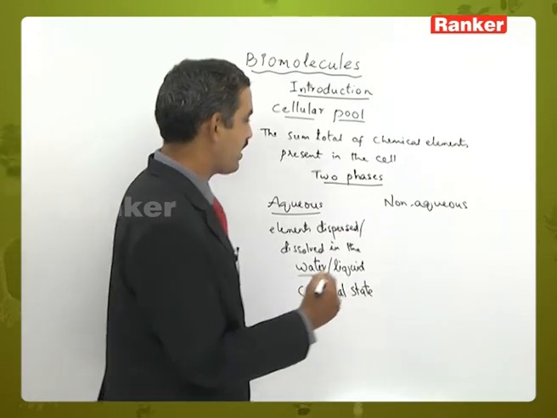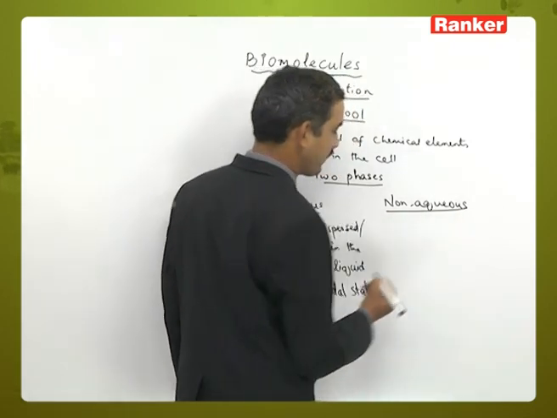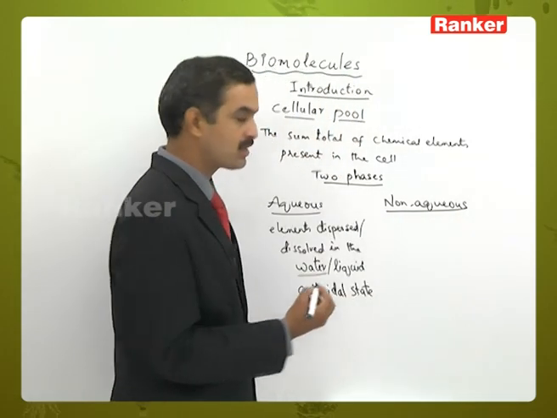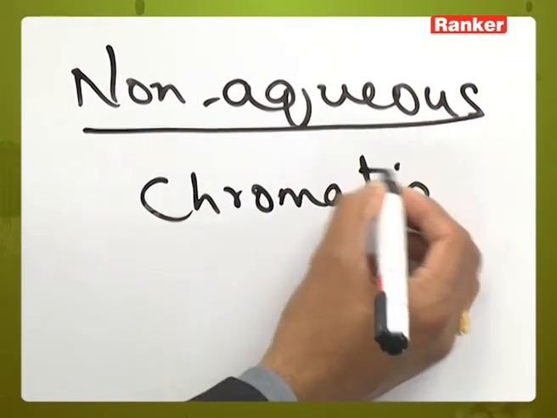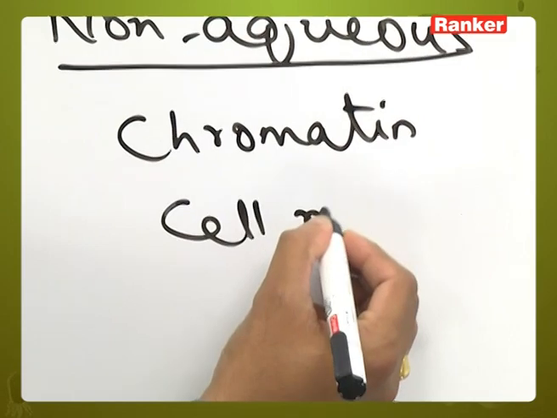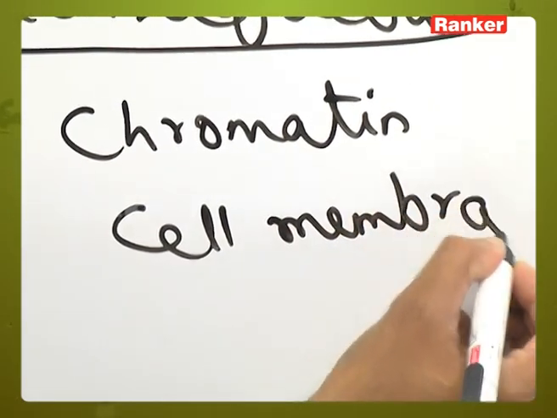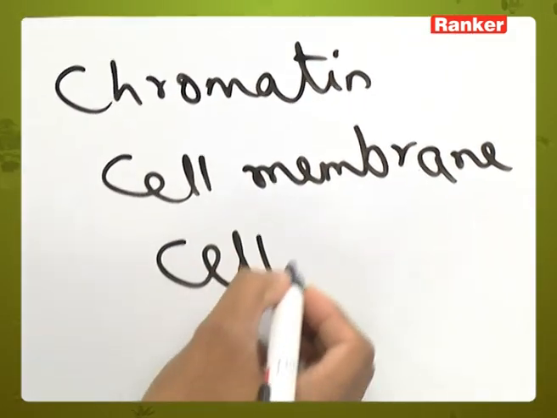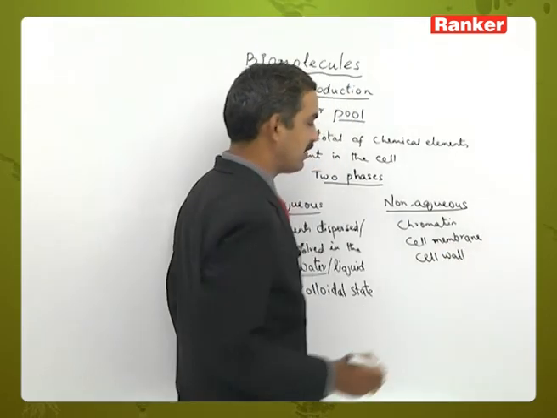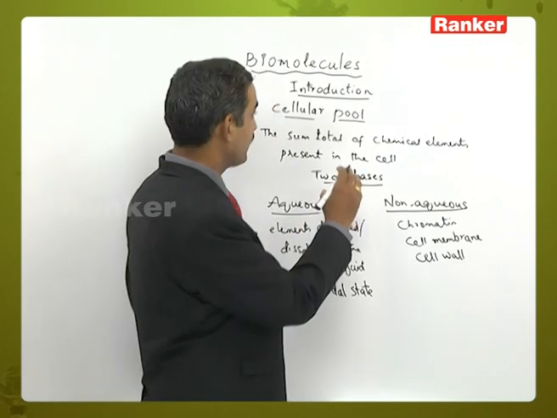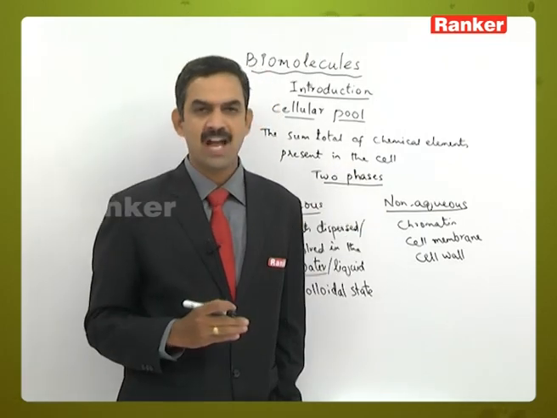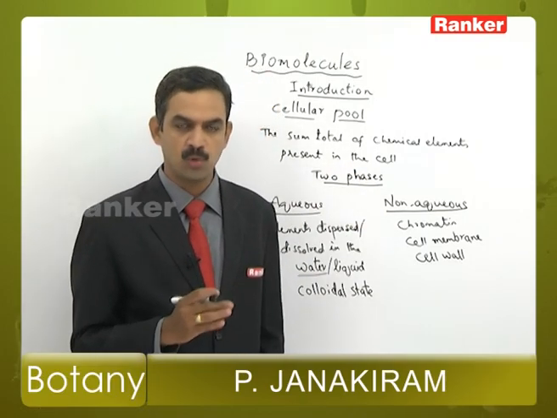Then what is the non-aqueous phase? The non-aqueous phase includes the elements present in the chromatin, the ones present in the cell membrane, and the chemicals present in the cell wall, which are not dispersed. Such a quantum of the cellular pool is called the non-aqueous phase of the cellular pool.